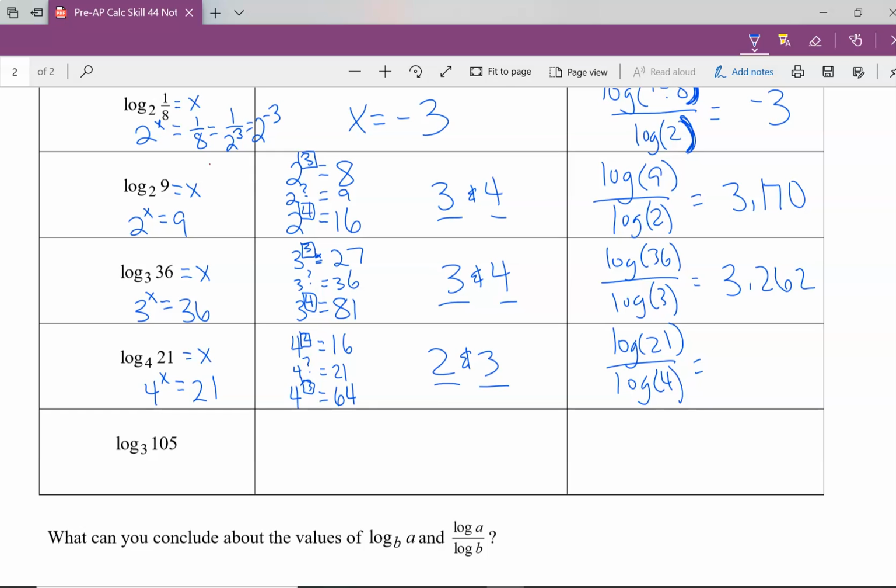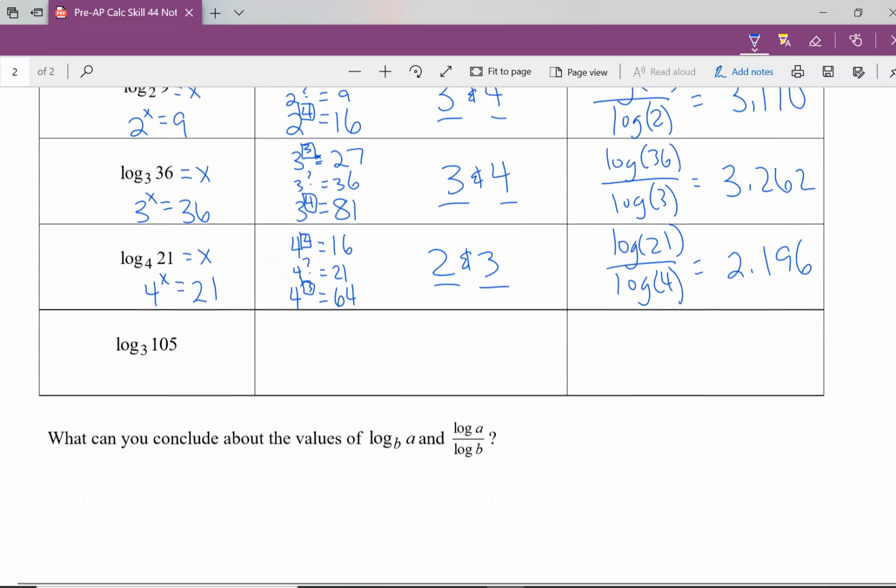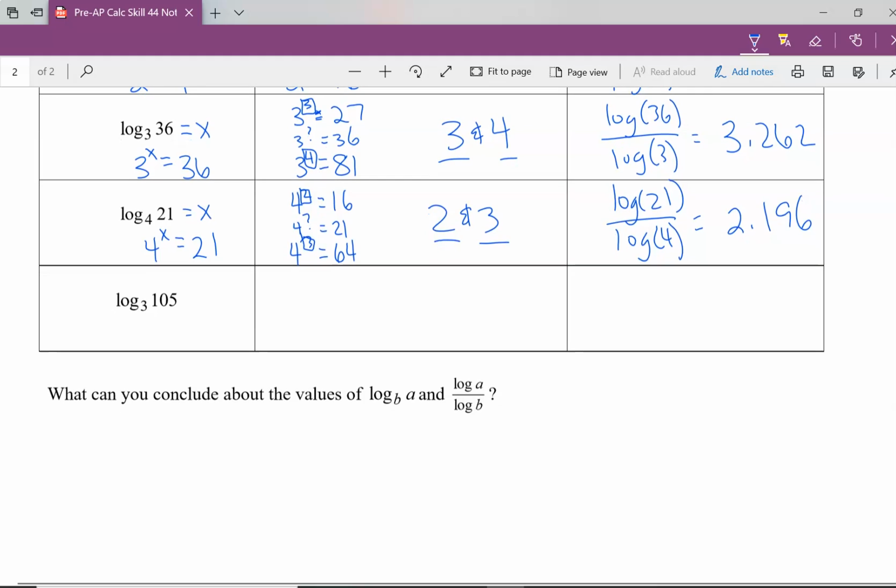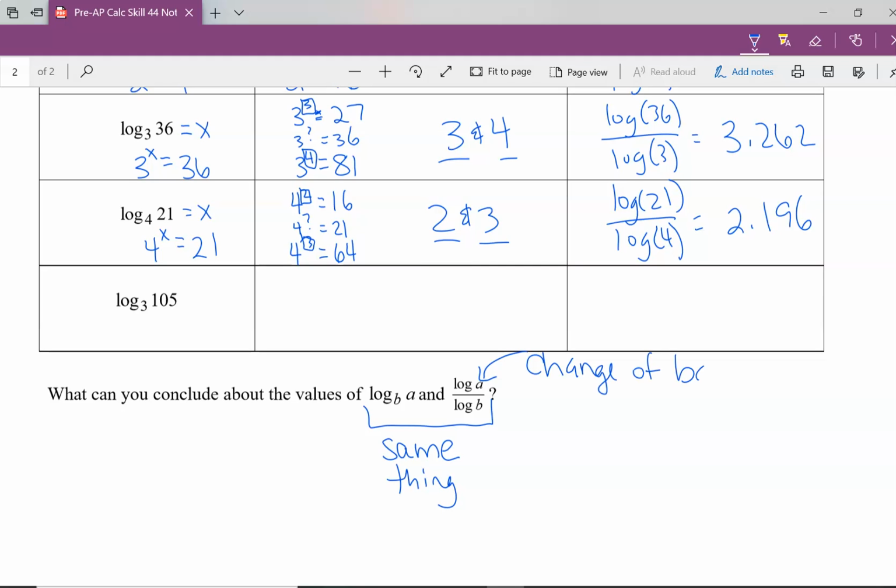I get 2.196. I think you get the gist here. I'm running low on time, so I want to make this connection here. Just know that these are the same thing, and that we call this the change of base. There you go.